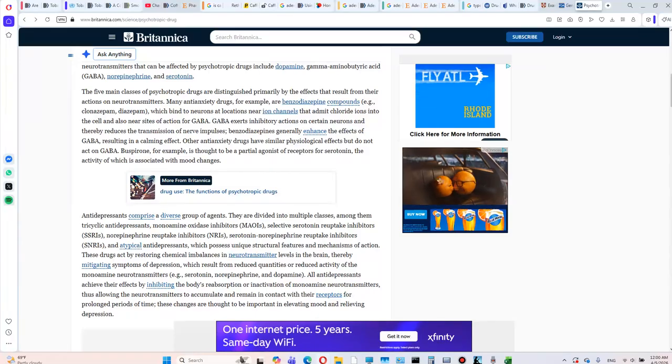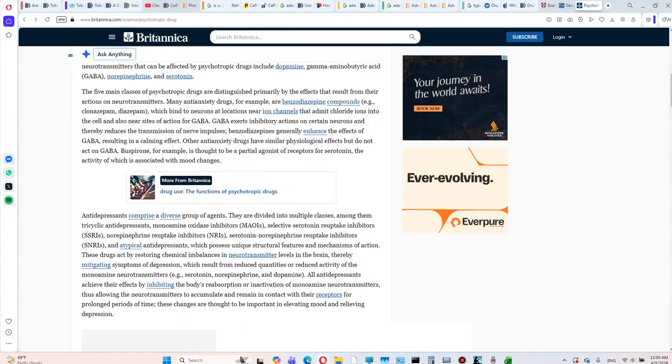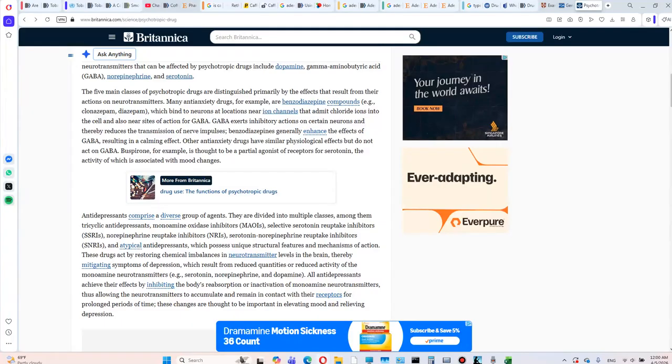The 5 main classes of psychotropic drugs are distinguished primarily by the effects that result from their actions on neurotransmitters. Many anti-anxiety drugs, for example, are benzodiazepine compounds, for example clonazepam and diazepam, which bind to neurons at locations near ion channels that admit chloride ions into the cell, and also near sites of action for GABA.